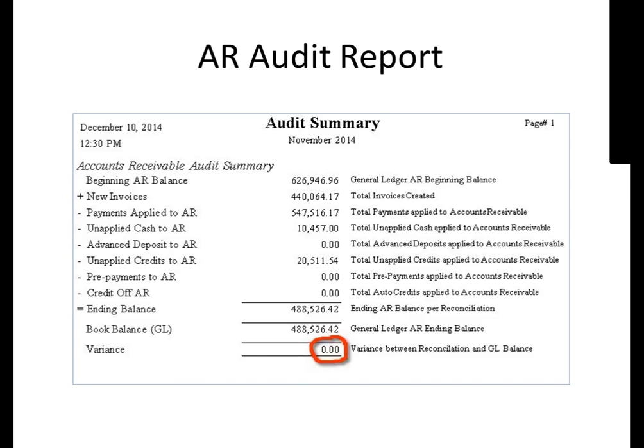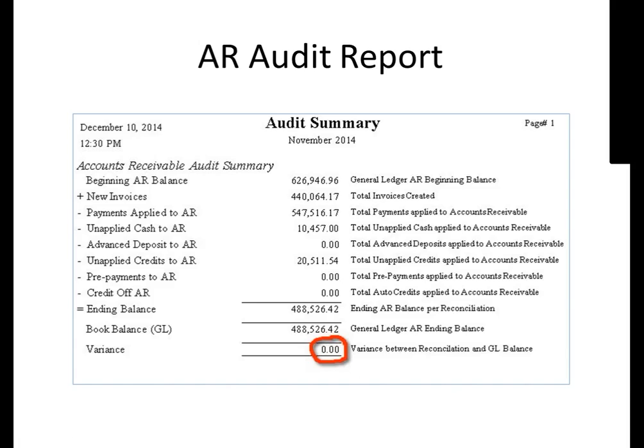And I suggest when you close a fiscal month, this should be the first report that I would run. There's other balancing reports you should run also. But this report, at a simple glance, will tell you if the AR is in balance or not. And you'll notice on the bottom there is a variance.